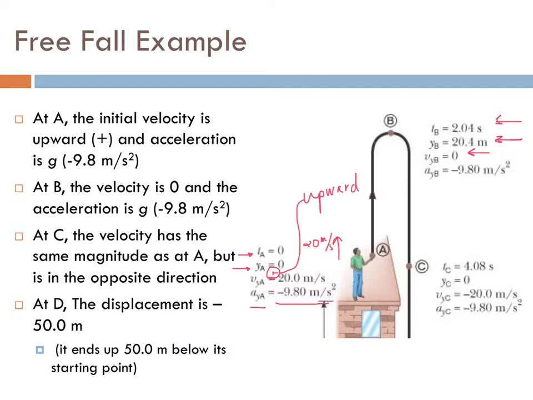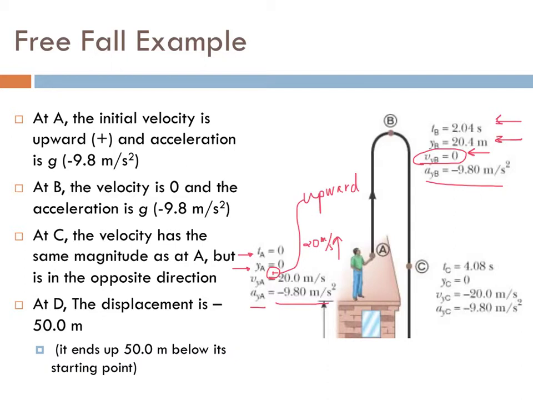Even though we have come to a stop, and this is probably one of the hardest things to remember, if we come to a stop, we still have an acceleration of negative 9.8. This is true at every single point of our path. We will always have a constant negative 9.8, even if we have come to a stop.